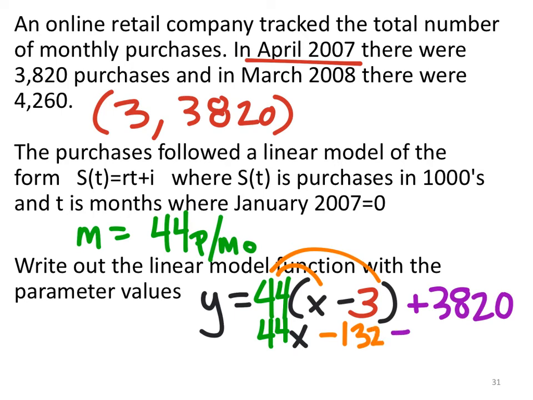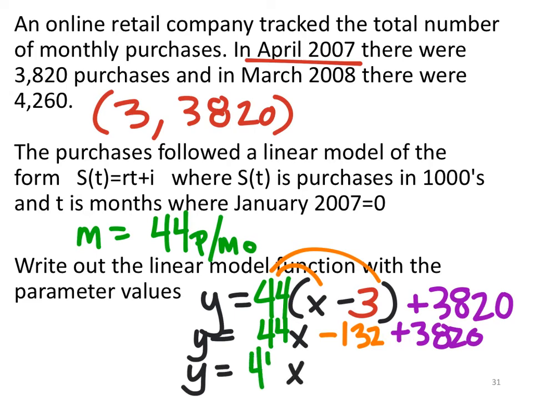Of course, we still have that plus 3,820. So we'll combine those two together, which will tell us y equals 44x. We still know that, but we need to combine these two. So I'm going to go back to the calculator, add 3,820 to get positive 3,688.